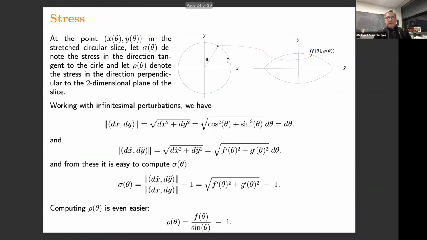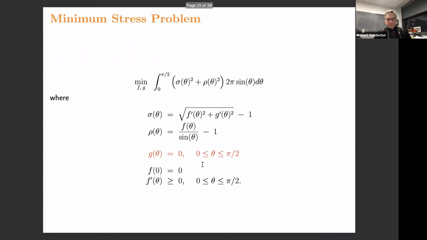Why? f of 0 is up here. This point here is still at the top. We don't get scissors out and cut this thing here. The North Pole is still the North Pole. It's getting closer to flattened, but it's still at the North Pole. So f of 0 is equal to 0.